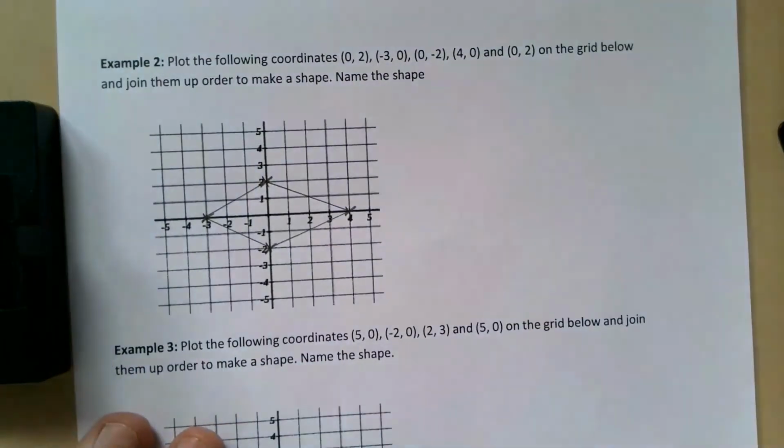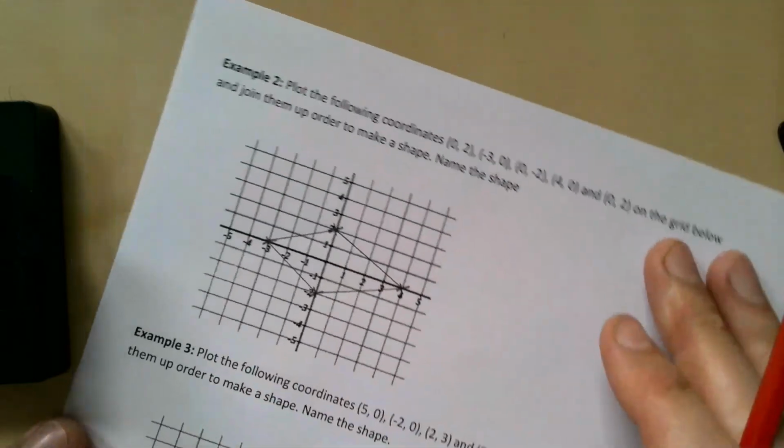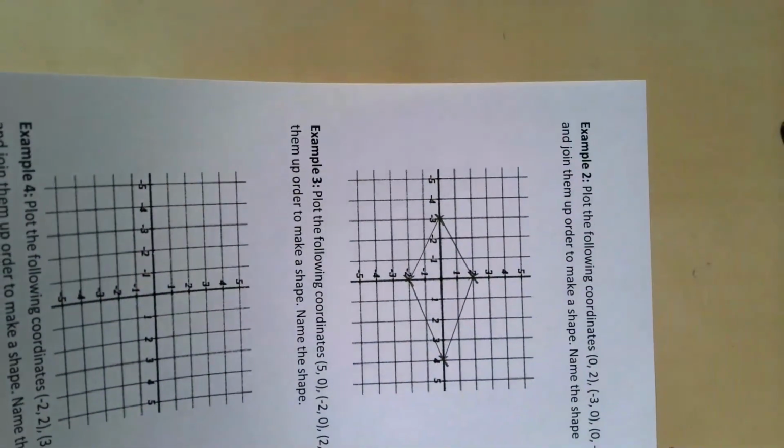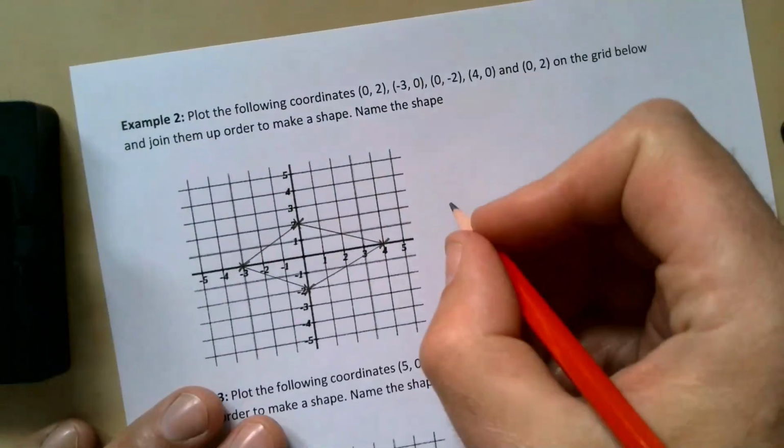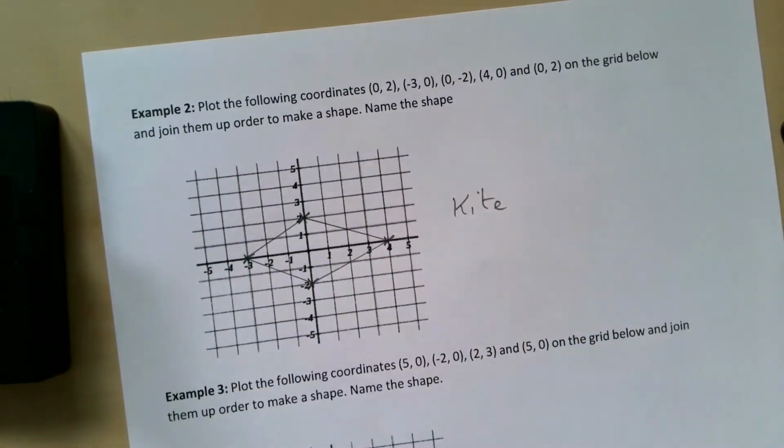Beautiful. So what shape is it? It looks a bit like a rhombus, but those sides aren't the same length. If you kind of turn it sideways, which you can see then, that's actually going to be a kite. Hope you can see that okay.